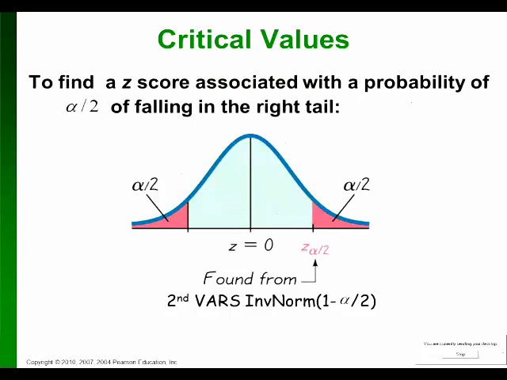So alpha over 2 would be 0.05, and 1 minus 0.05 is 0.95. So z sub alpha over 2 would be inverse norm 0.95. Take half of the confidence level, subtract it from 1, then use inverse norm to get that z-score that you type into the formula.